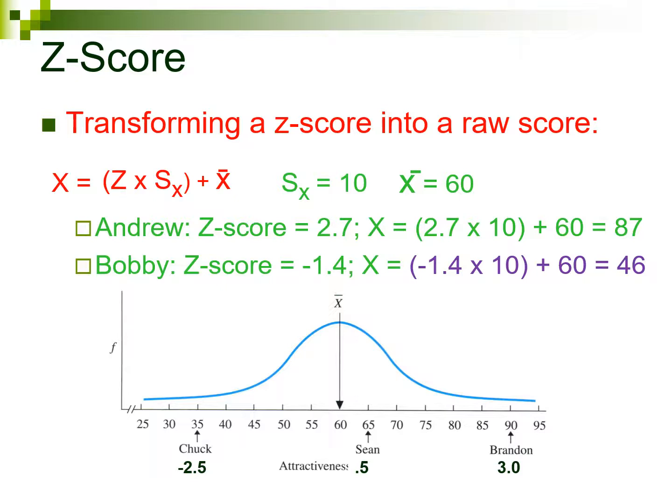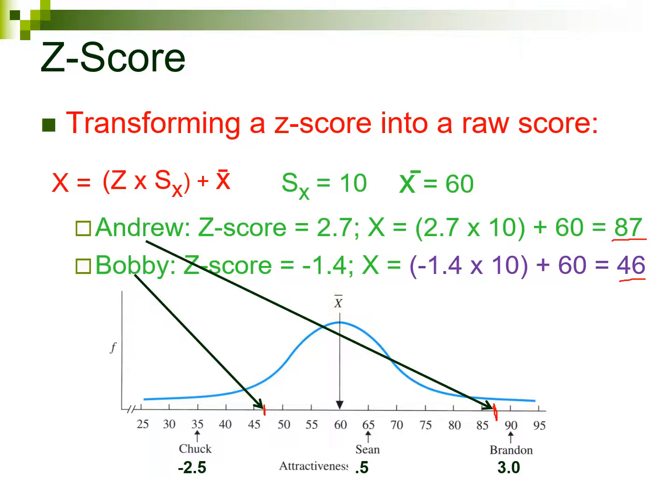We just saw how Andrew had a raw score of 87. So if you plot Andrew's raw score on this distribution, it would appear right there. Similarly, Bobby, we just said, had a raw score of 46. If we were going to put Bobby in this distribution, Bobby would go right around here.